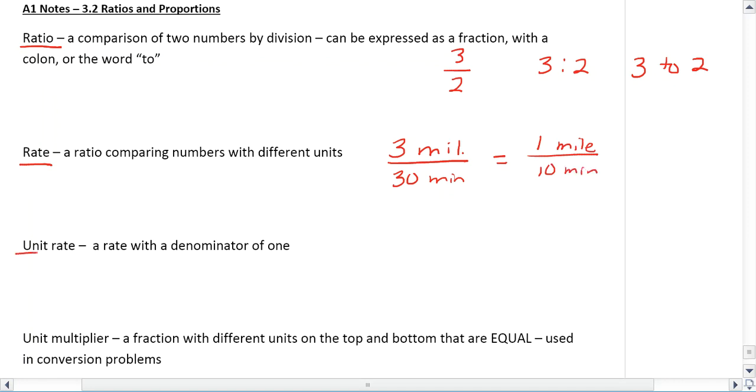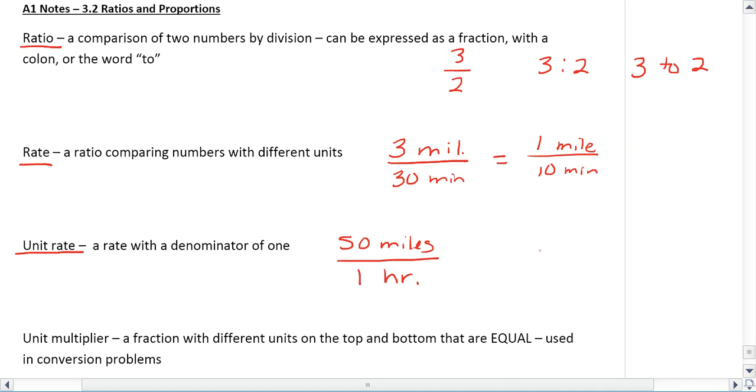A unit rate is a fraction like we just did, a rate, except the denominator is 1. So an example of a unit rate could be if you traveled 50 miles in 1 hour, because the bottom number is a 1. You might use unit rates when you're comparing prices for items.